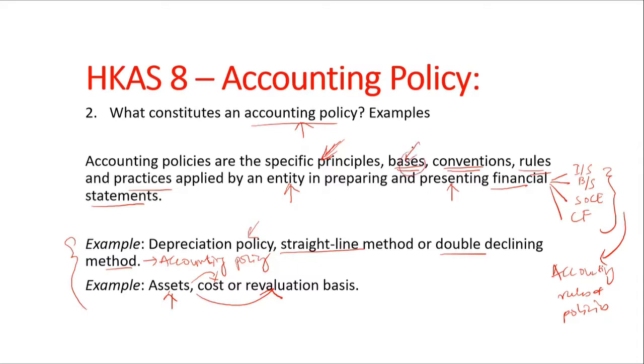So this is about basis. There are different accounting principles. For accounting principles, we can talk about revenue recognition. Another principle could be prudence concept. So these are all accounting principles. So this is a brief introduction to what accounting policy is and what are different accounting principles.